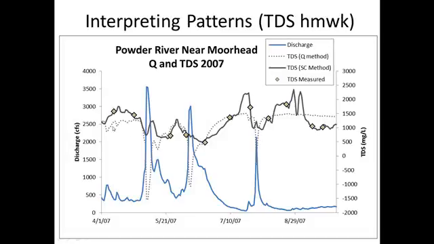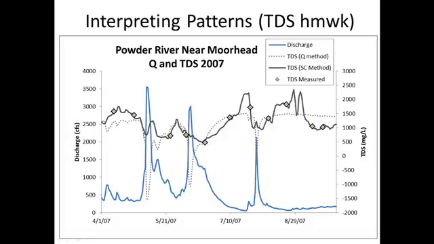Whereas if you have this high frequency data where you have daily measurements or daily pollutant estimates from a surrogate variable other than discharge, then you can interpret the relationship between your daily pollutant concentration and discharge.